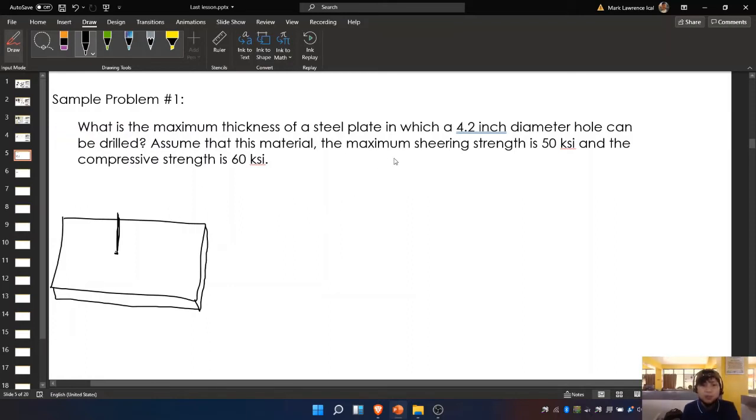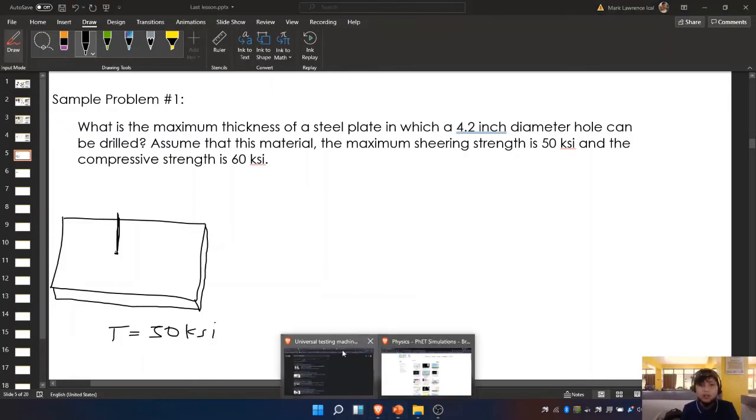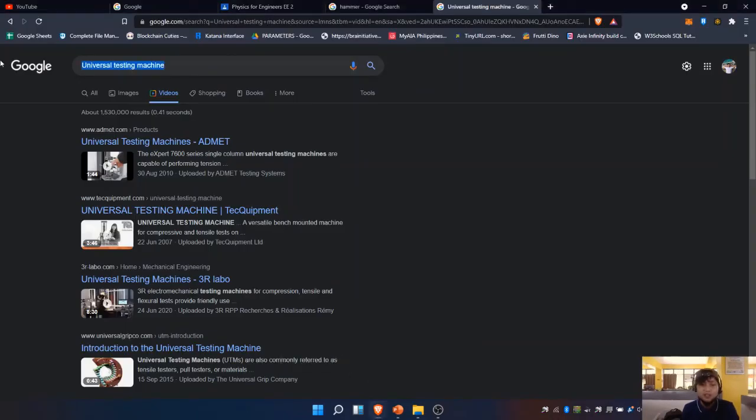So, sabi dito, yung maximum shearing strength daw ng material na to ng steel ay, okay. So, shear, so that's tau. That is 50 KSI. Now, KSI, kung check nyo sa internet, that is kilo pound force per square inch. Okay. Pero, check natin.